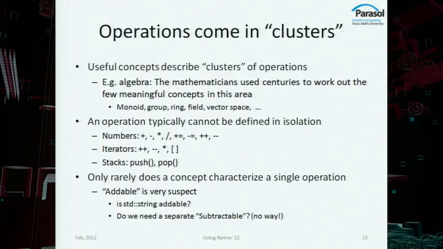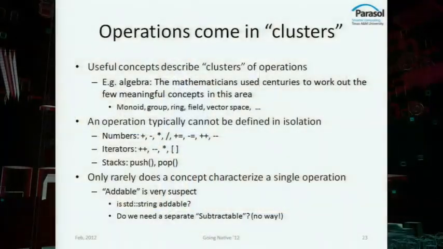So one of the things that has to do with concepts is that you have to find a coherent set of operations that describe a concept. The mathematicians have done it for centuries: monoids, groups, rings, fields, vector spaces. And we have it for iterators. Stacks have push and pop. They have to match. So you're talking about something where a cluster, a group of operations, has to match.